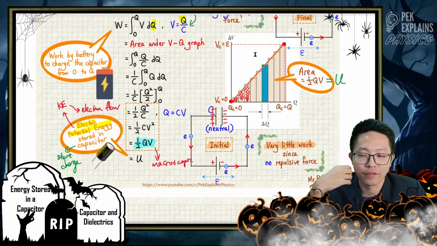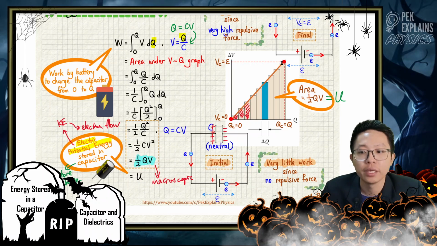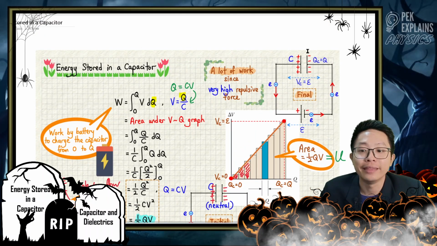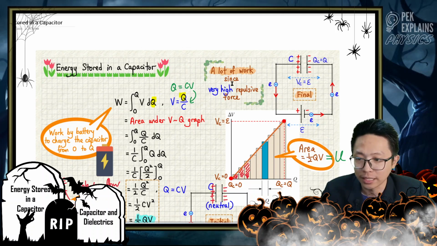So there are millions of electrons to calculate, up to the maximum charge. Millions of electrons have already traveled and gathered at the negative plate. So now the negative plate has maximum charge, achieving the max EMF, voltage equal to EMF. That's why the last electron is the hardest. The last electron to reach the negative plate is the hardest, because a lot of work needs to be done.